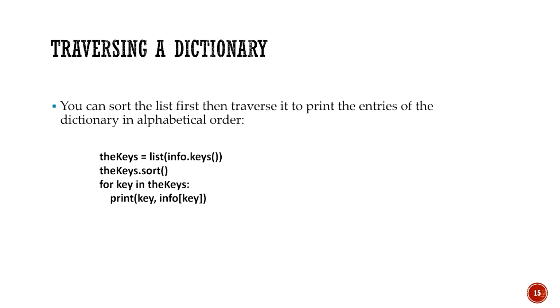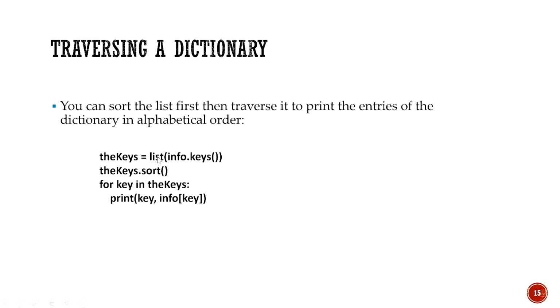Okay. We can also sort the list first, then traverse it to print the entries of the dictionary in alphabetical order. So here we define a variable. Its data structure is list because we are applying the list method here, and then info.keys.